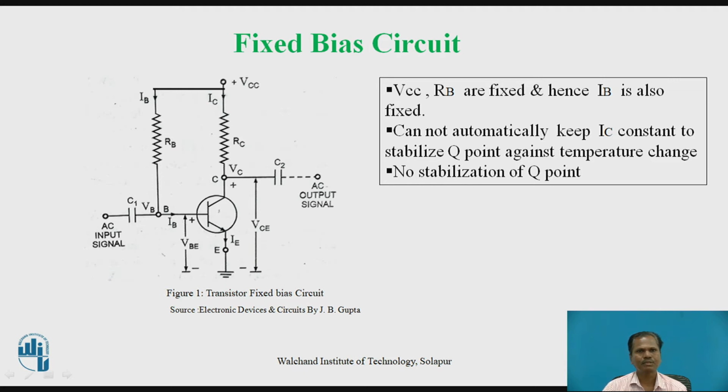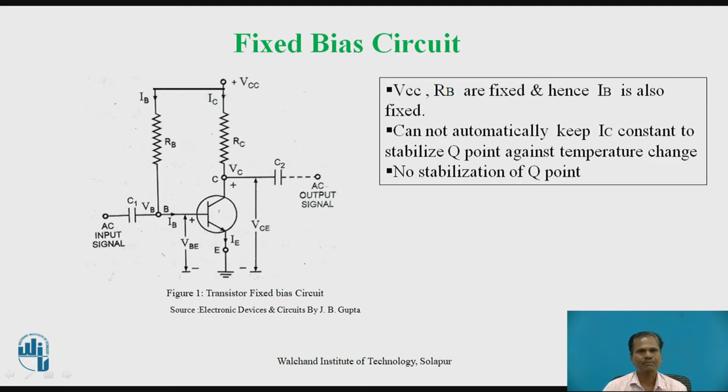So, in fixed base biasing circuit, as plus VCC is constant DC voltage and RB is a constant, fixed resistor, value of IB flowing through the base terminal of transistor is also fixed. So, that is why such a biasing circuit is called a fixed biasing circuit.